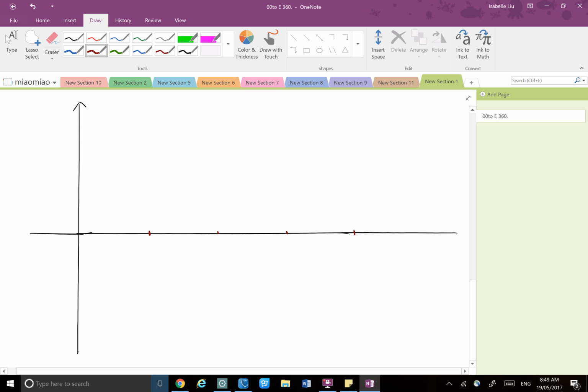Let's still think from 0 to 360 degrees: 0, 90, 180, 270, and 360. That's 1, that's -1. Okay, what does cosine 0 equal? 1, yep. Cosine 0 is 1, so I have the coordinates here. What's cosine 90? 0, yep.